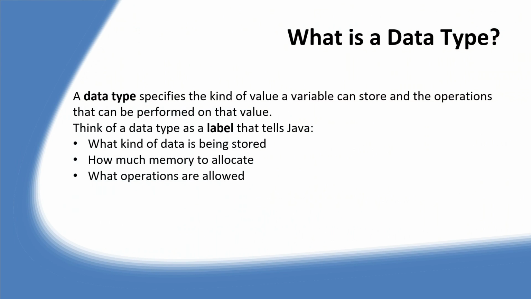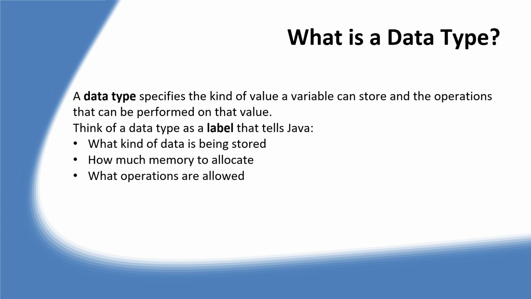So next is data type. A data type determines memory allocation. It determines allowed operations. A data type specifies the kind of value a variable can store.